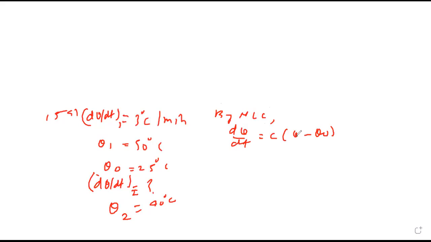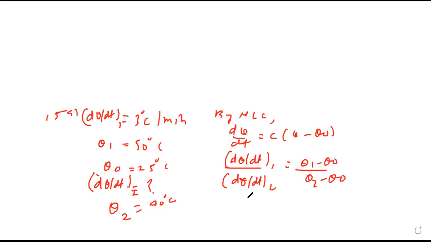So d theta by dt of first upon second, c gets cancelled, equals (theta 1 minus theta 0) divided by (theta 2 minus theta 0).